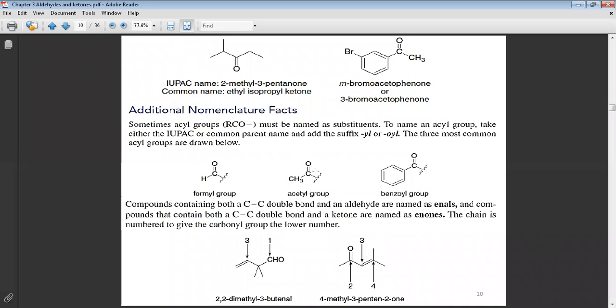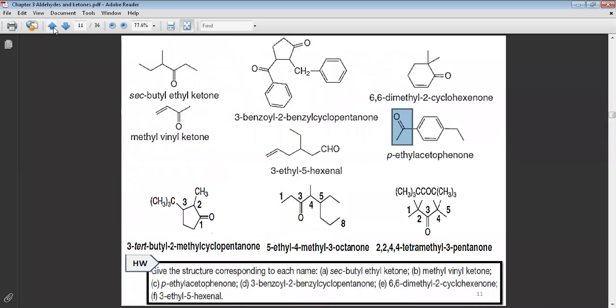Acetyl. Now we have acetyl and we have ethyl, so it would be para-ethyl. Para-ethyl acetyl benzene. You can write it here as para-ethyl acetyl benzene. This is acetyl and this is ethyl. It is correct according to the IUPAC system.